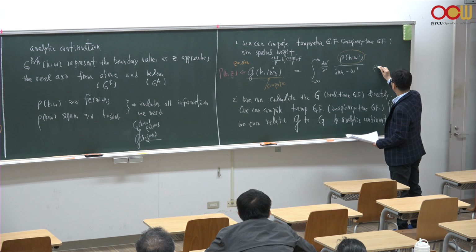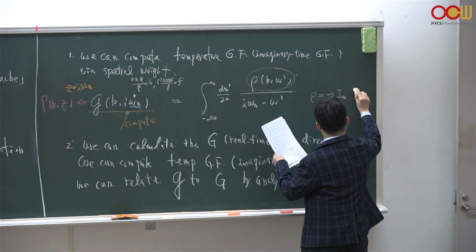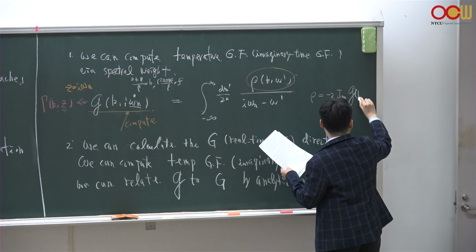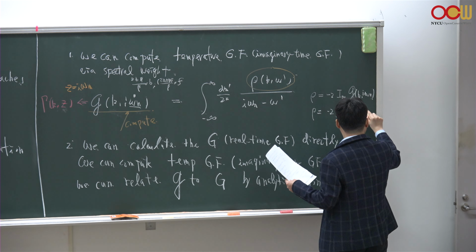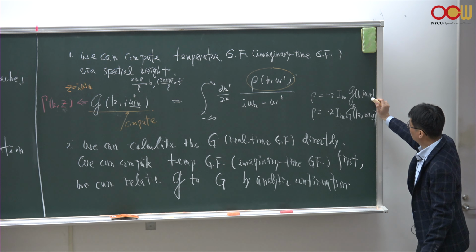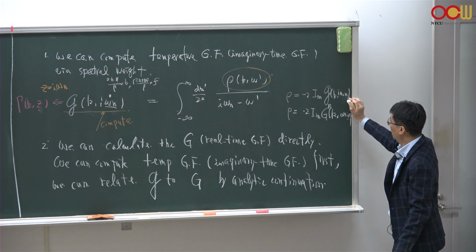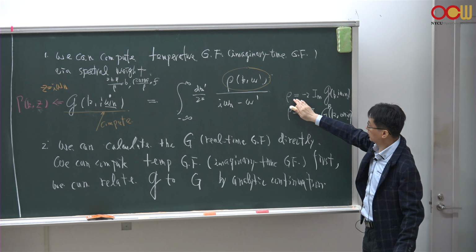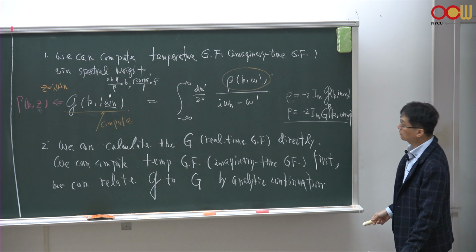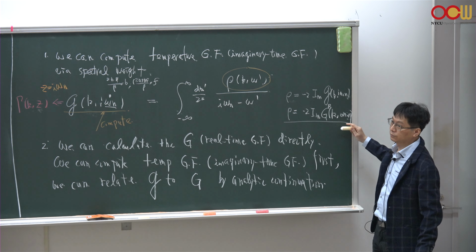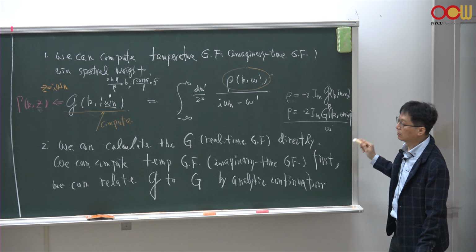So rho is minus 2 times the imaginary part of this G, and it is also the same for G capital, right? So we should first compute the G italic in imaginary time, the thermal Green's function, and then we use this spectral function that we calculated through the G italic, and we plug it into this formula, and we get the imaginary part of the retarded and advanced Green's functions, where this omega is really a real value.